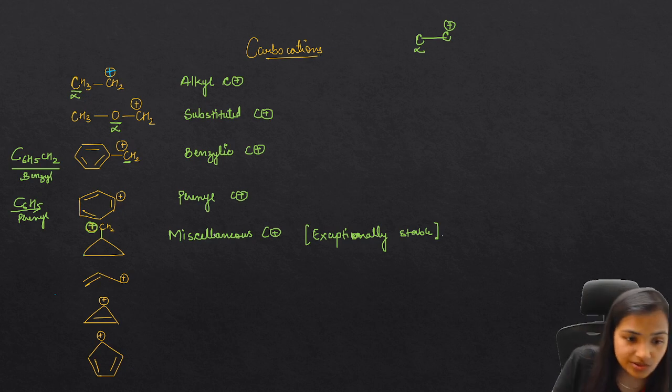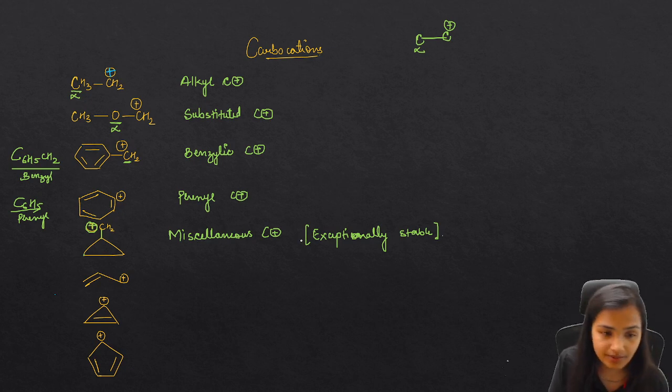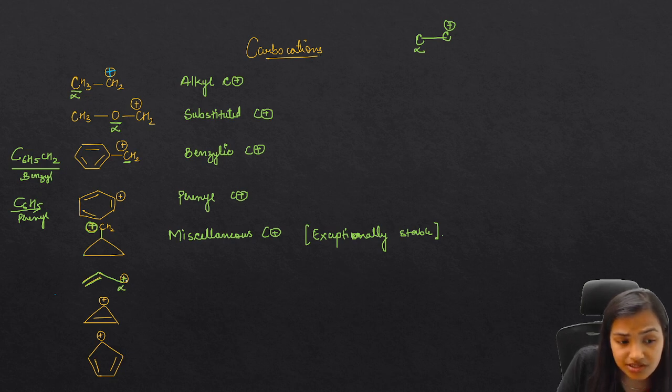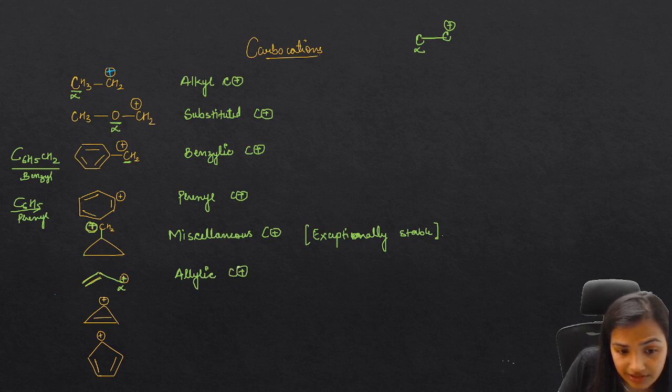So right now you please consider this as an example of the miscellaneous carbocation, which is an exceptionally stable carbocation, cyclopropyl methyl carbocation. Now here, whenever we have a pi bond and along with the pi bond, at the alpha position, if we have a positive charge, such positions are known as allylic positions. This is then known as allylic carbocation.